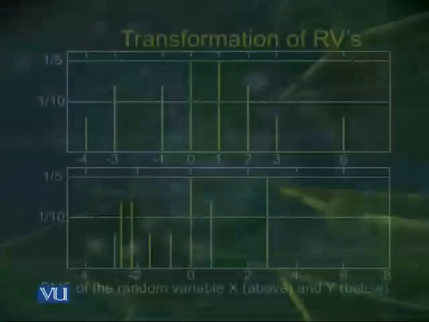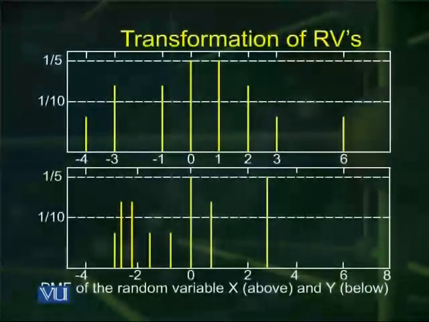This will be clear if you look at this slide. In this slide, on the top, you will see the original random variable x with associated 8 values and the probabilities. And in the figure below, you will see the probability mass function of random variable y, which is through a transformation of 3 into sine of 2x.